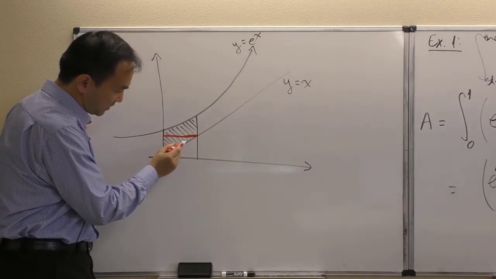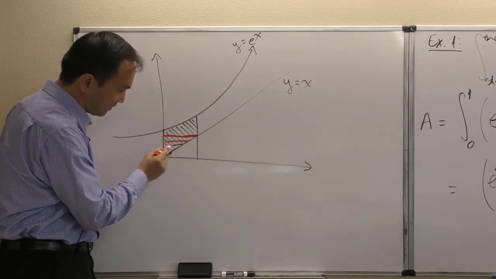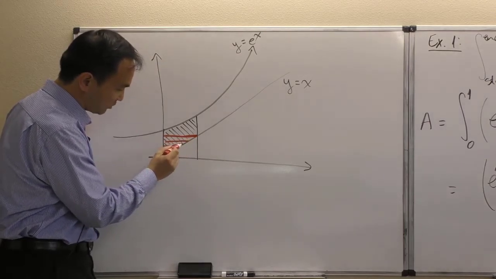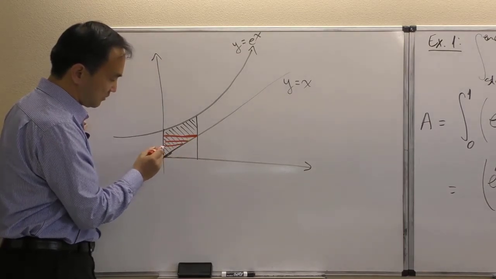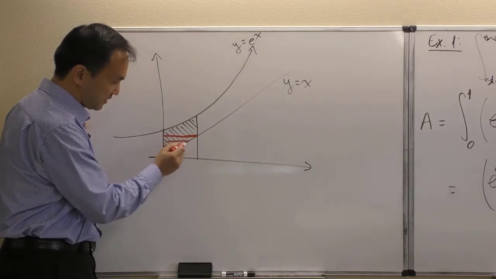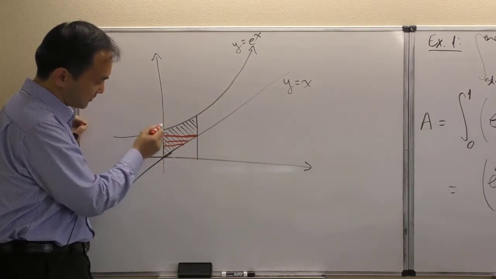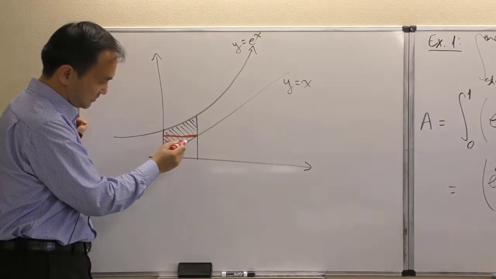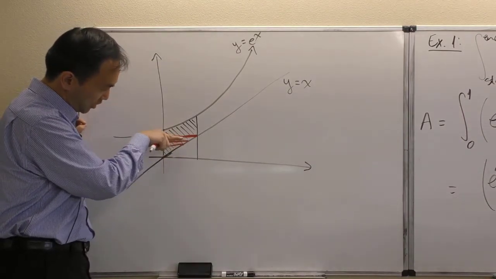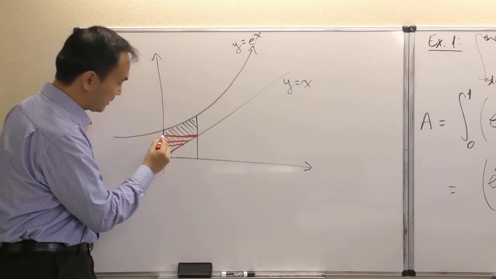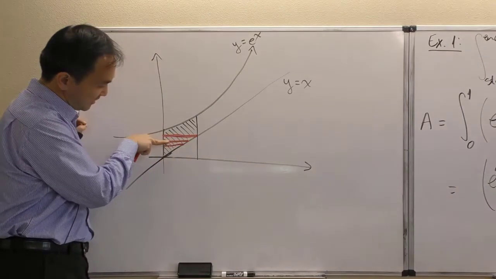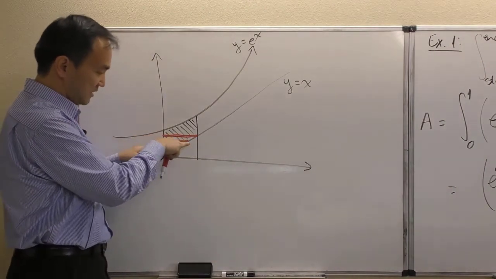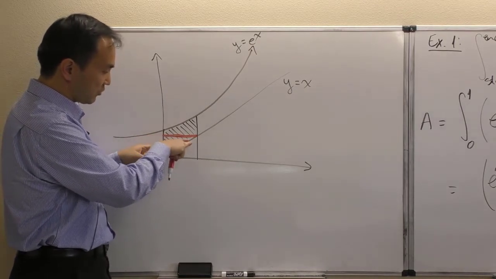Now, if I put any stripe below that red line right here, then the right curve is this line and the left curve is this vertical y-axis. Anywhere below this big solid red line, our stripe has length defined by the difference between the right curve and the left curve.